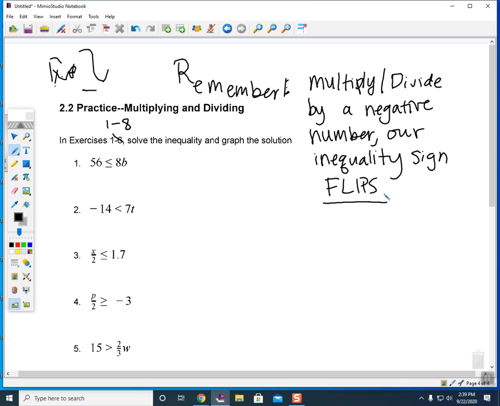Just when it's a negative number. Just negatives. So go ahead and finish that up, and then we are done with this one for today.